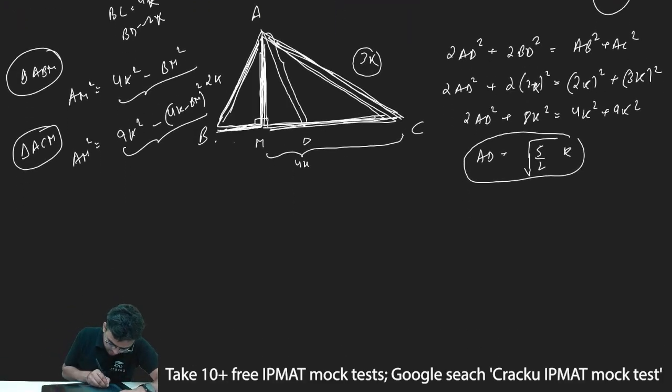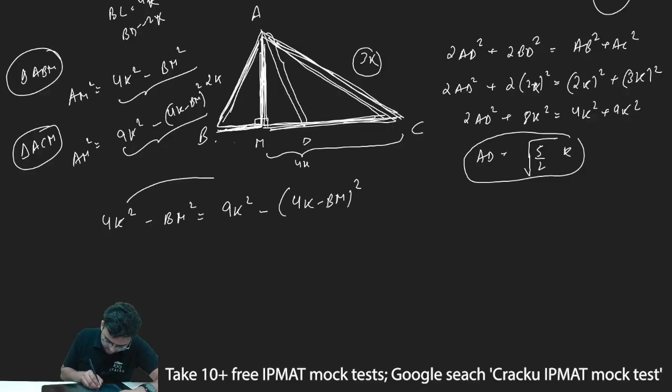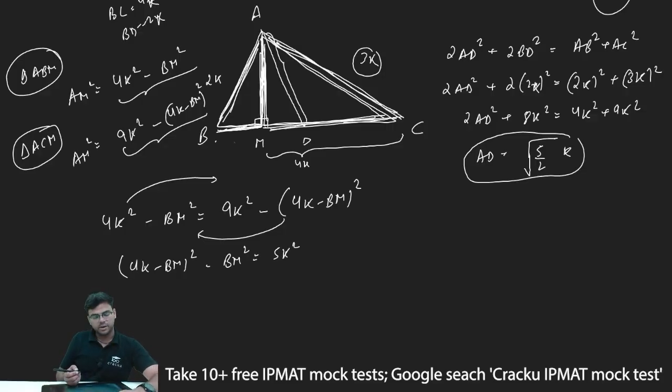Thus I can say 4k square minus BM square is equal to 9k square minus 4k minus BM whole square. I'll take this 4k square to the right hand side and this to the left hand side. So 4k minus BM whole square minus BM square will be equal to 5k square. Now I can use the property a square minus b square equals a minus b into a plus b.